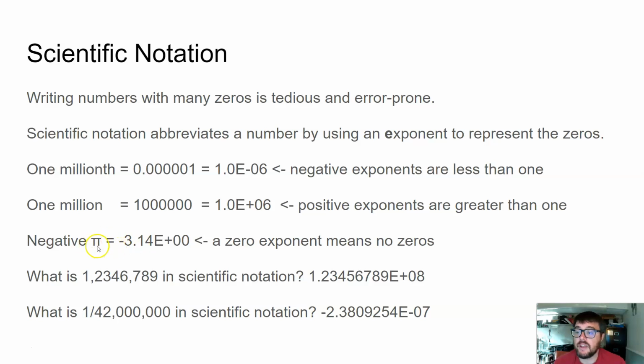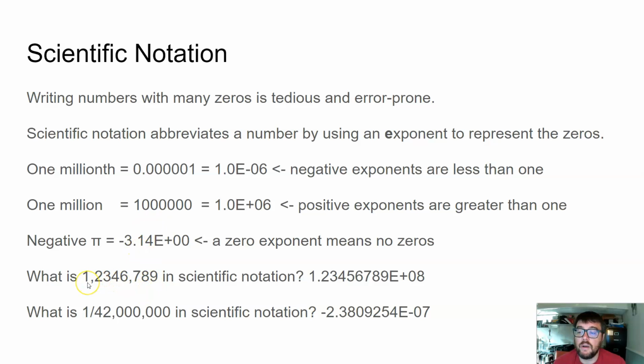If you do have a negative number, like here's pi, so negative pi would be minus 3.14, and we're just rounding it to 3 significant digits here, and then it's supposed to be e0, and it could be plus 0 or minus 0, doesn't matter. That means there's no zeros before. We don't have to move the decimal place, basically.